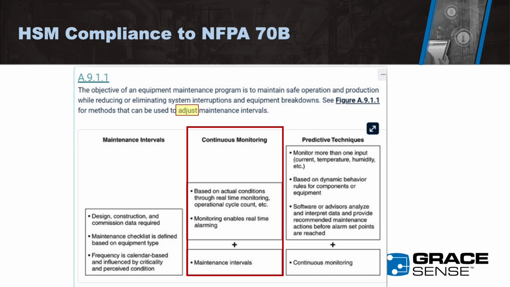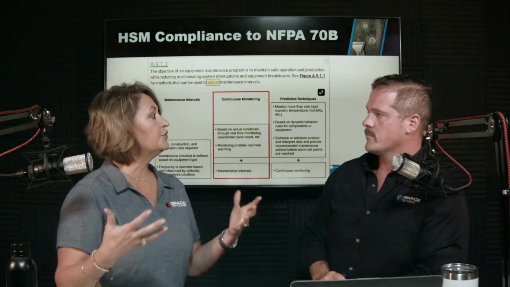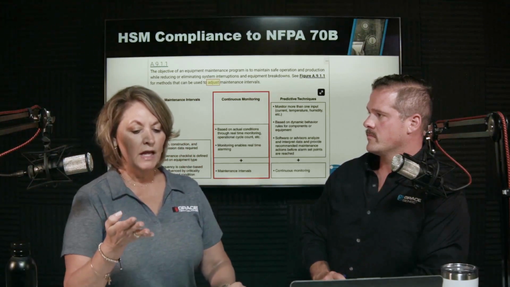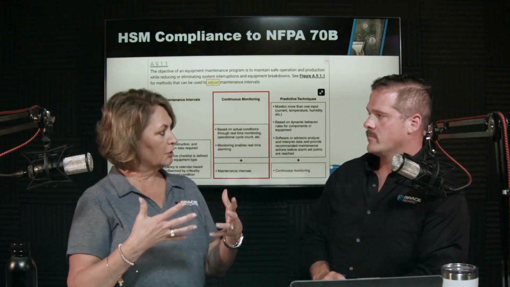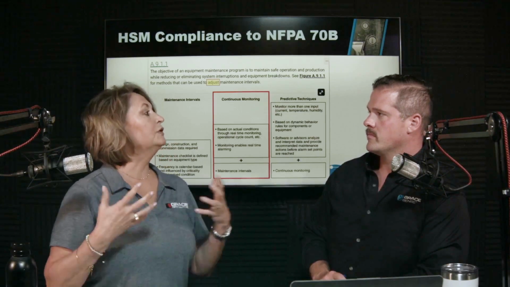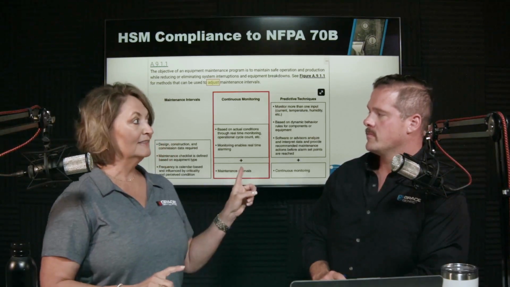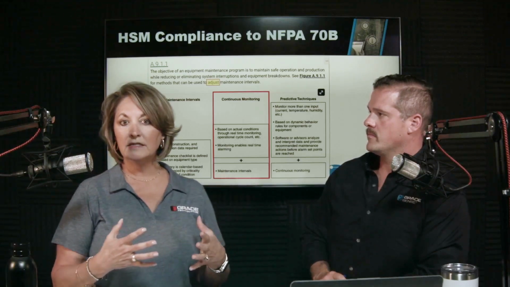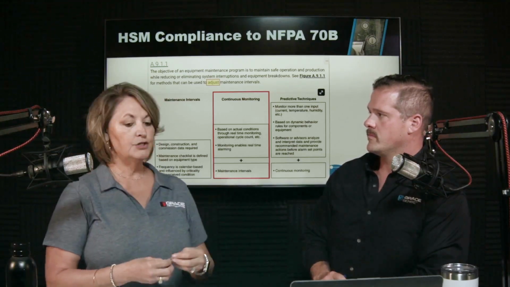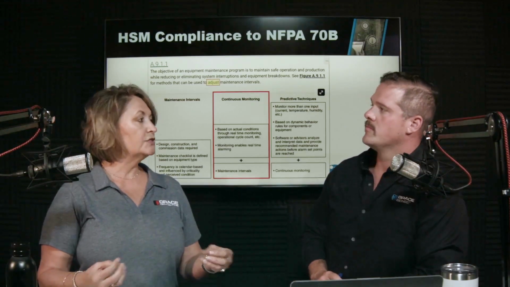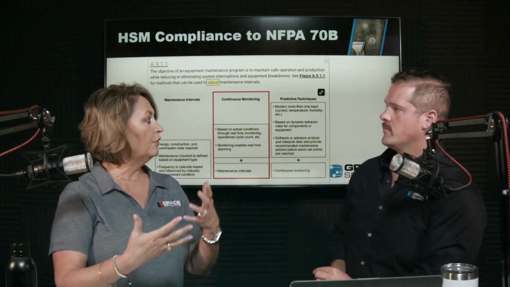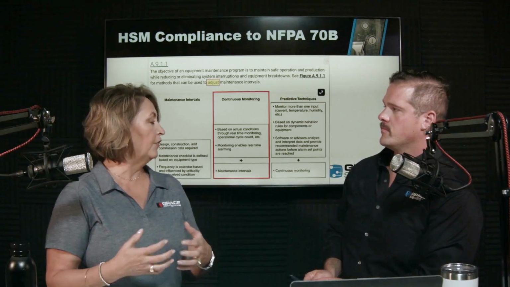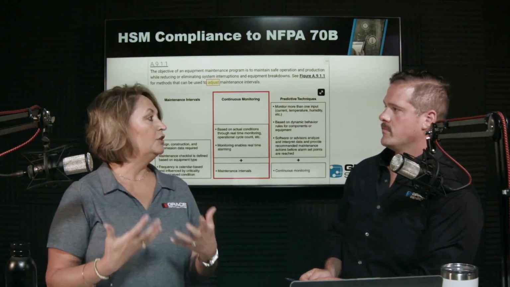So if you've got, say in our case, a continuous thermal monitoring solution, and as long as it is measuring actual values on a real-time basis and alarming, that's when you can actually expand your maintenance interval for thermography to something in excess of 1 year. So you can go 2-3 years if you feel that both in connection with one another are presenting the best health data that you can get on your equipment.